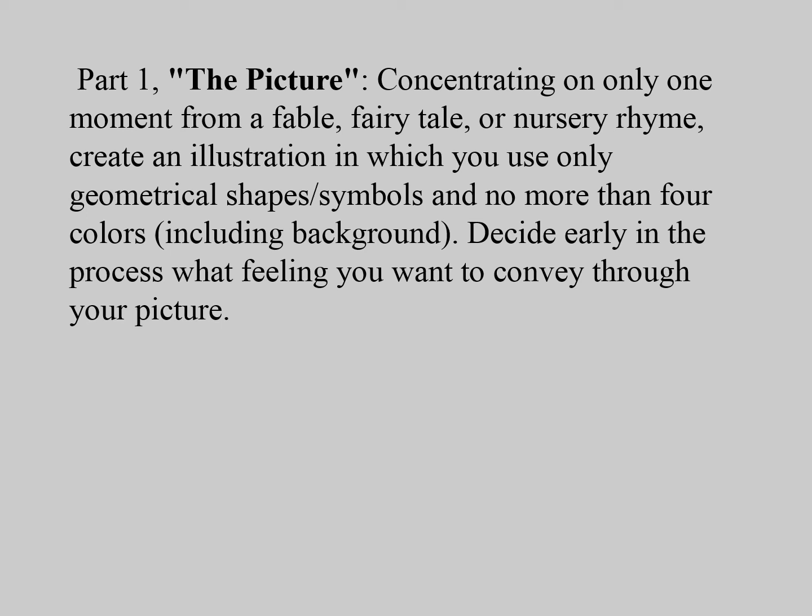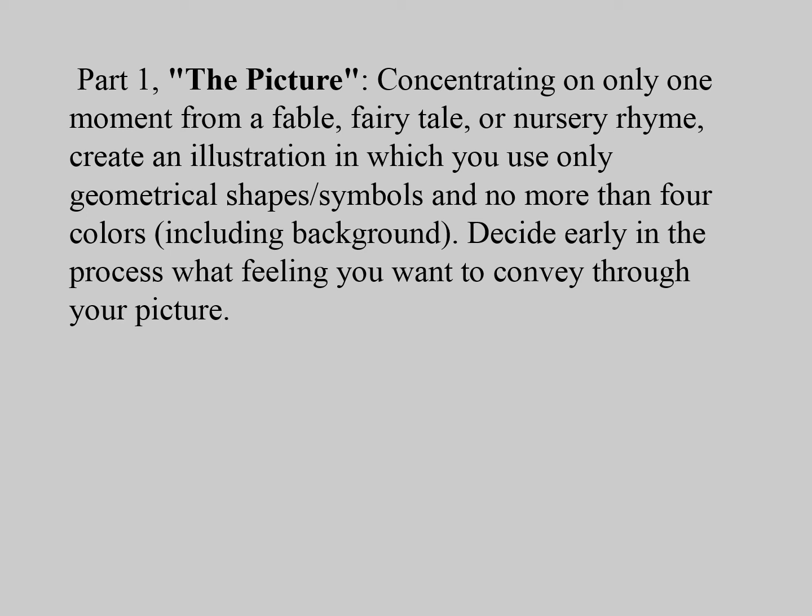Figure out what that specific moment is. Is it the moment when the wolf sees Little Red in the forest? Or is it the moment where Cinderella loses her glass slipper running away from the ball? And then you need to decide how to use geometrical shapes to create that moment, and also figure out what type of feeling you want to convey with this.